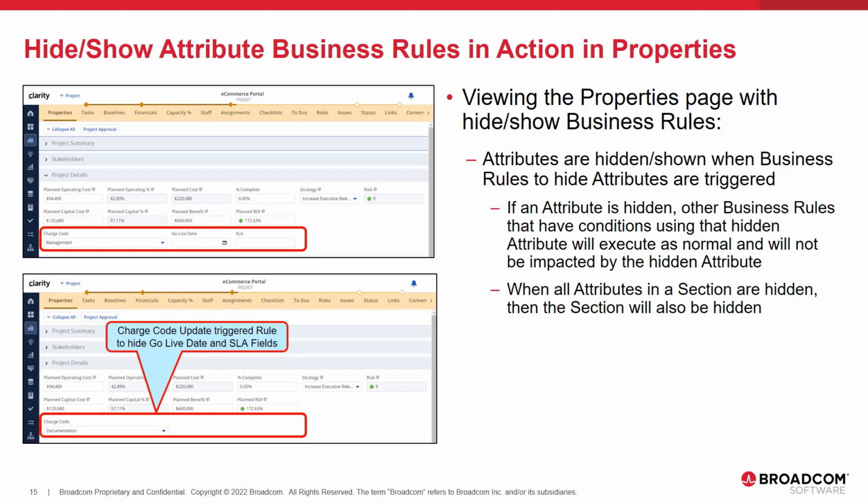Now if you have other business rules defined that use the condition for a hidden attribute, those are still going to execute normally and they won't be impacted at all by the hidden attribute. And if you have a section of attributes and all the attributes are hidden in the whole section, we're also going to hide the section.